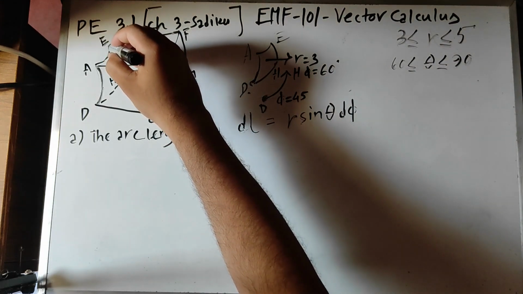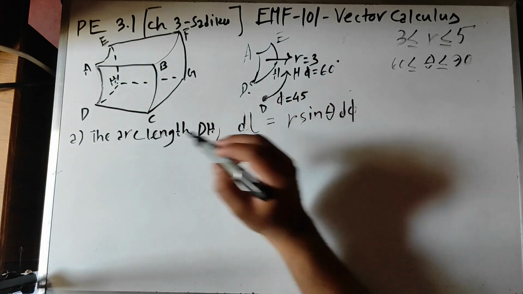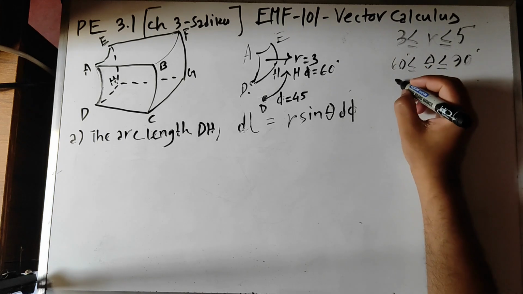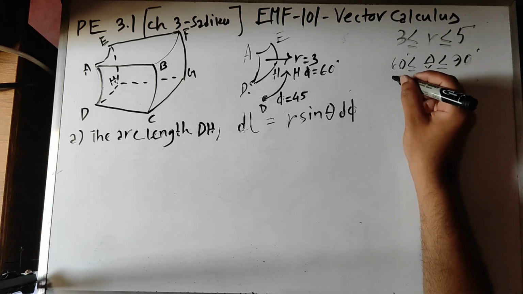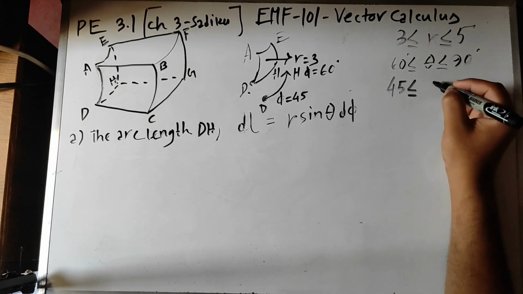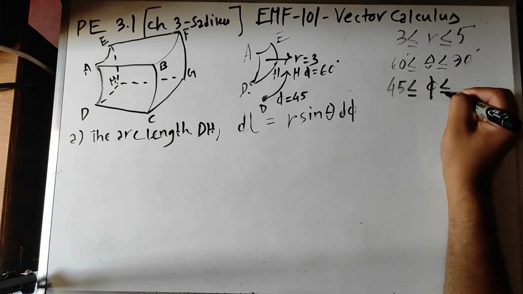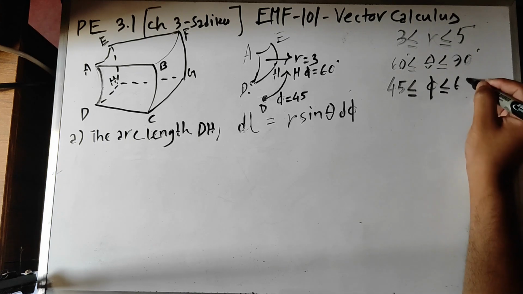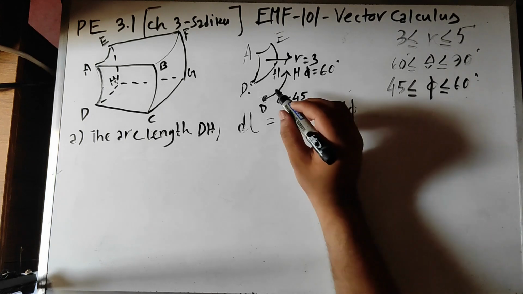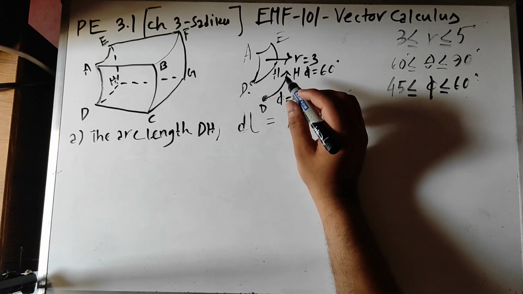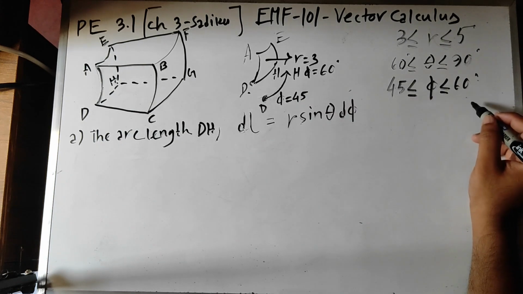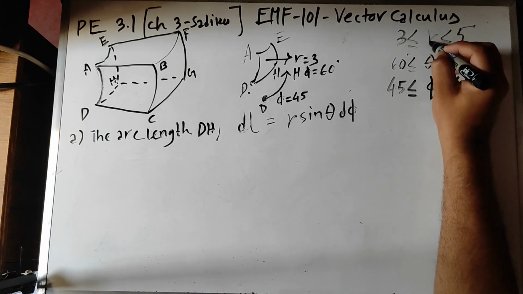Theta is from 60 to 90, so it is rotating. Phi is traveling from 45 degrees to 60 degrees. So these are the ranges. In this case only phi is being changed from 45 to 60, and the other variables are constant.